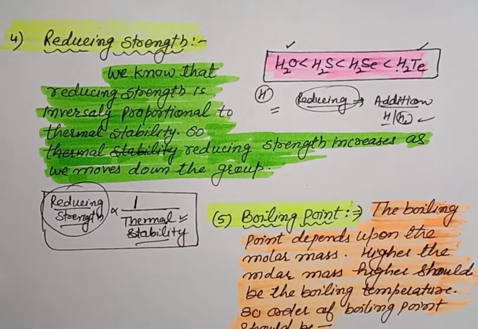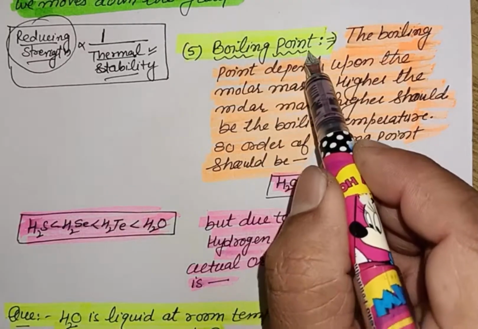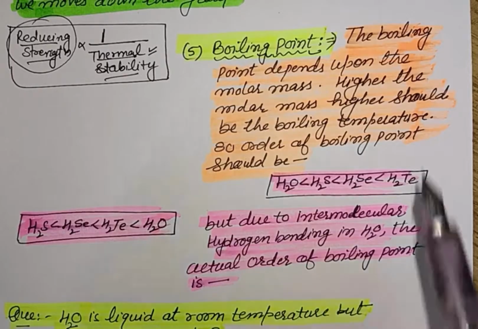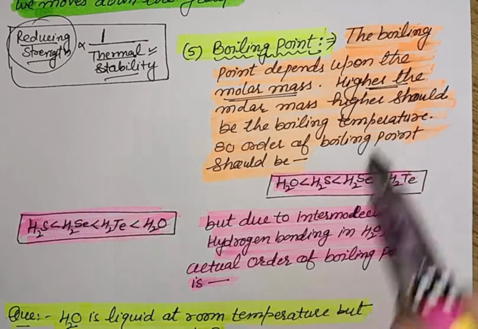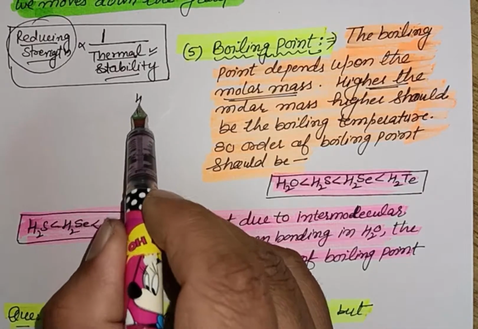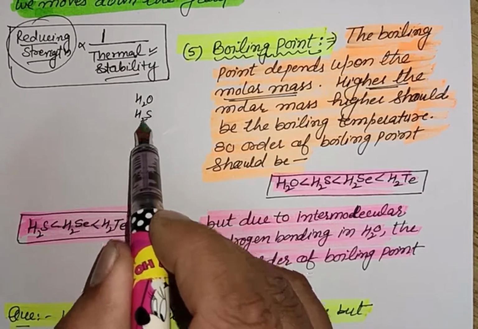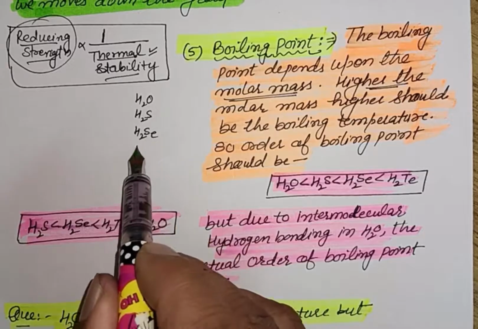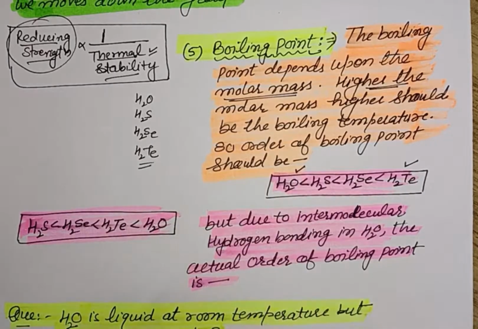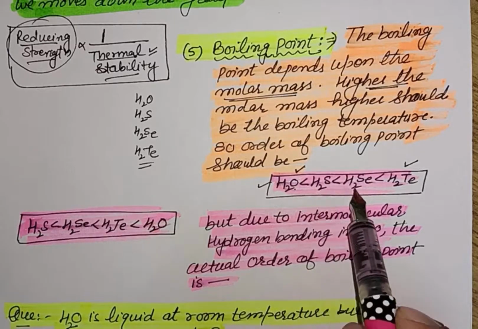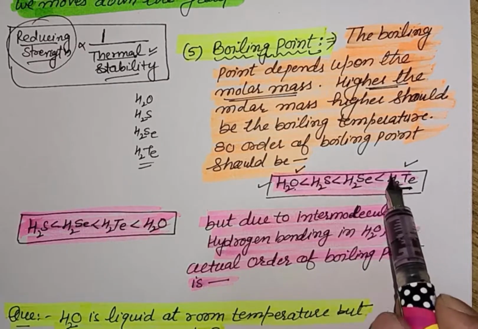Another important property is the boiling point. We know that the boiling point depends upon the molar mass. As the molar mass increases, the boiling point also increases. As we move down the group, the molar mass increases, so the boiling point should be highest for H2Te and lowest for water. So the order should be H2O, H2S, H2Se, and finally the highest boiling point for H2Te.